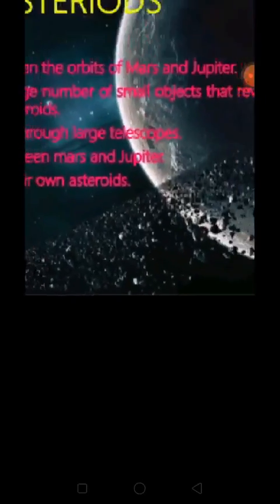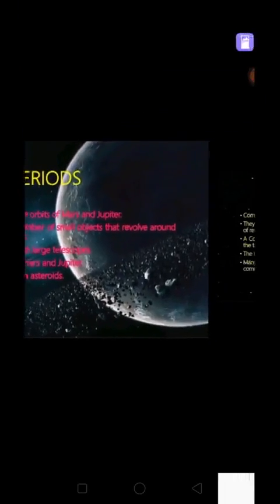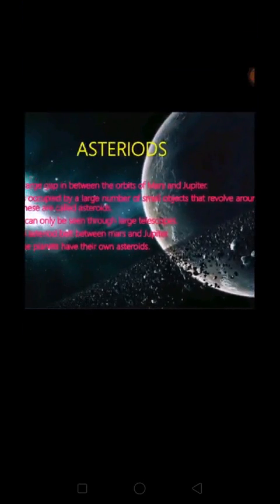See, these rock like structures are present in between the orbits of Mars and Jupiter, which is separating the inner planets from the outer planets. Understood? They are separating the Jovian planets from the terrestrial planets.